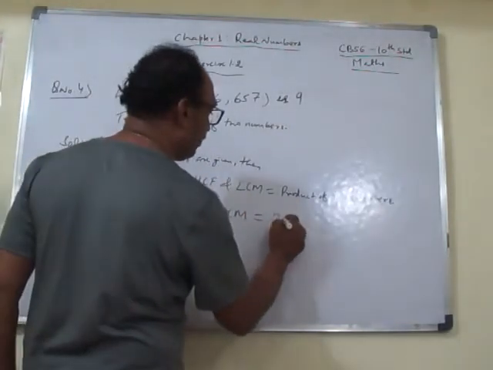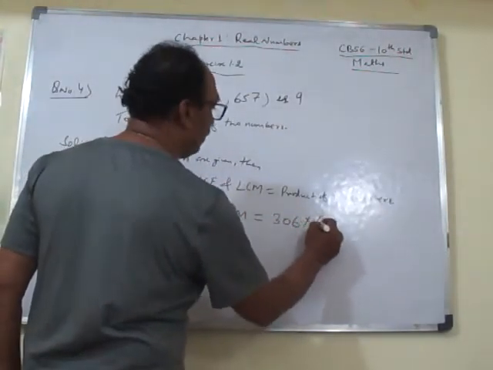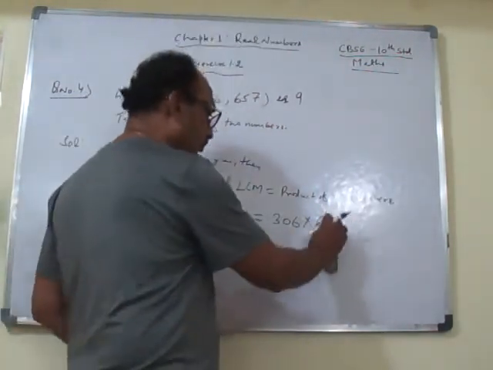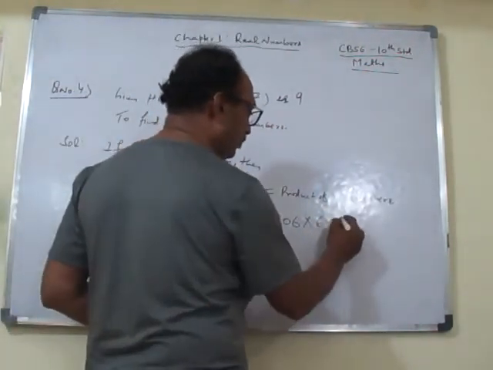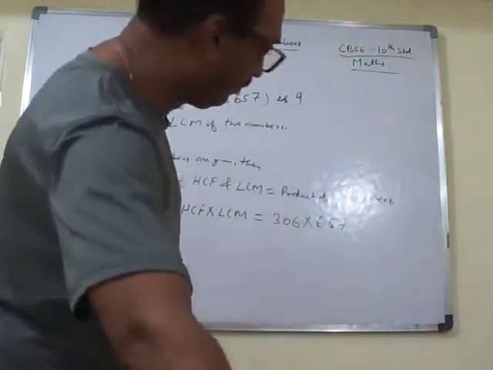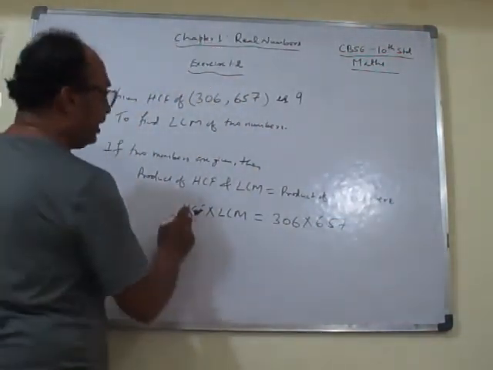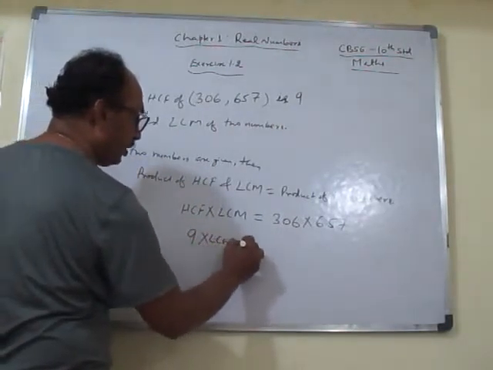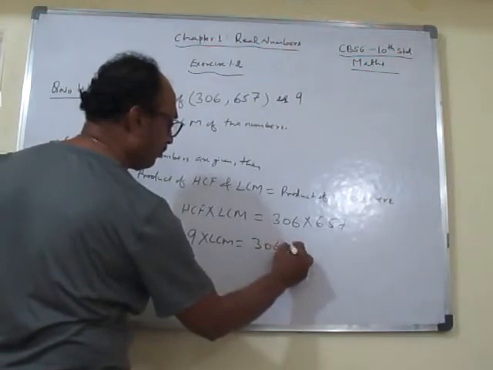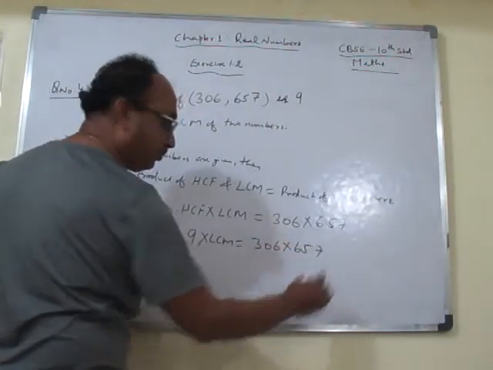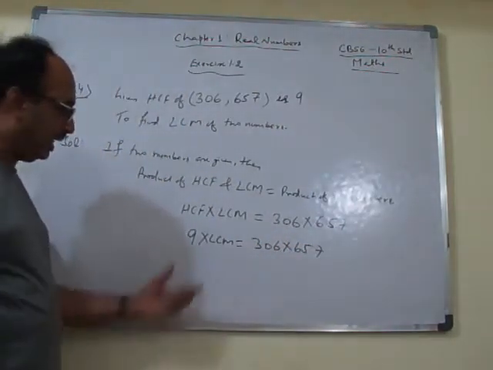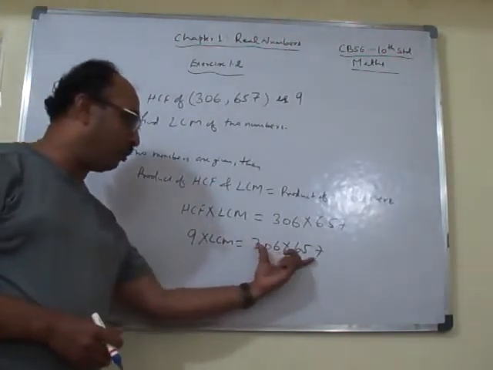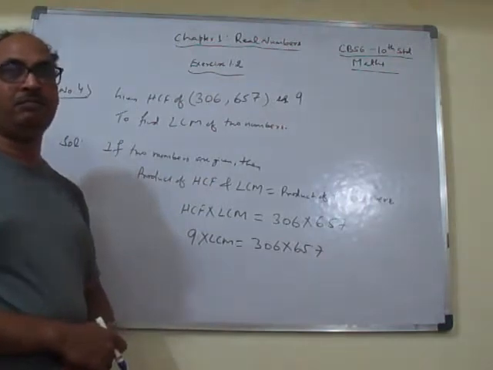So 306 into 657. HCF is given to us, that is 9. So 9 into LCM will be 306 into 657. It is my kind request to all my friends that don't go for multiplication immediately.